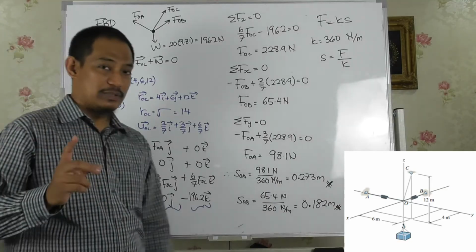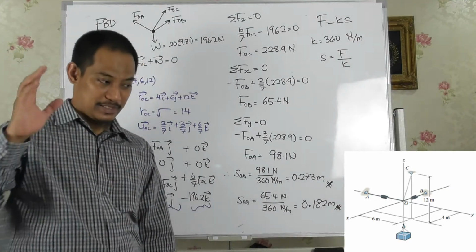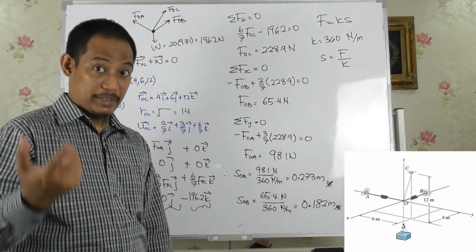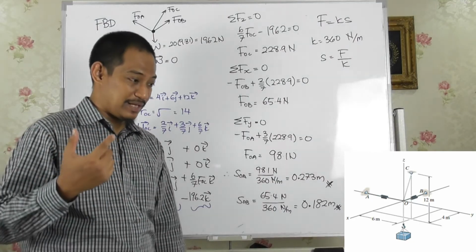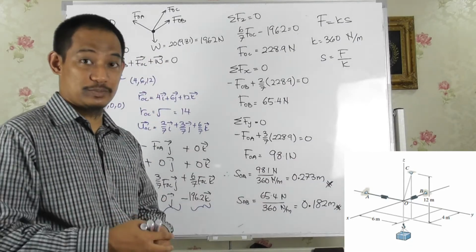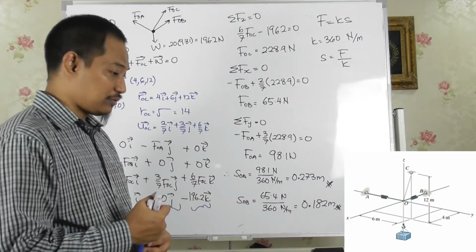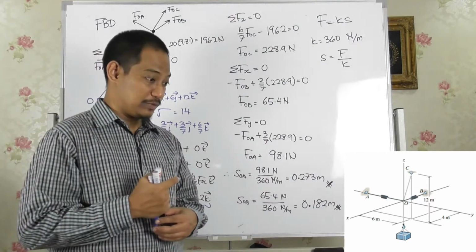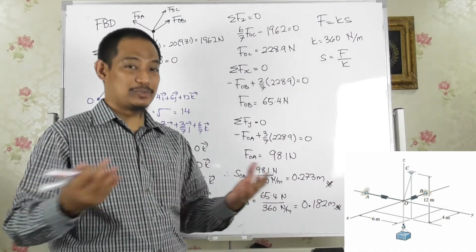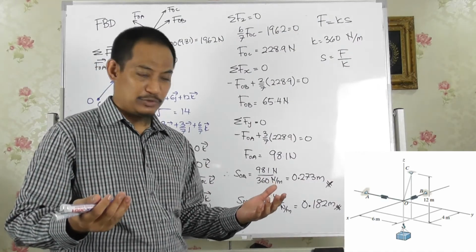Now some student in the exam raised their hand and asked, wait a minute, if you look back at the question, it says the unstretched length is 2 meter. We don't even use that value in our calculation, right? My response is simply, why do you bother about that?